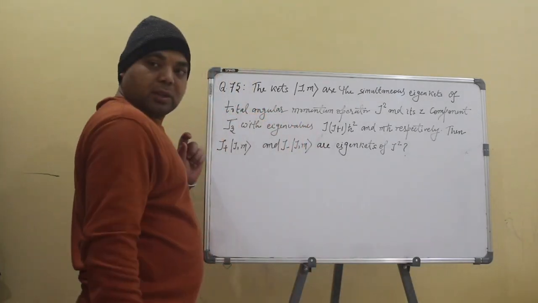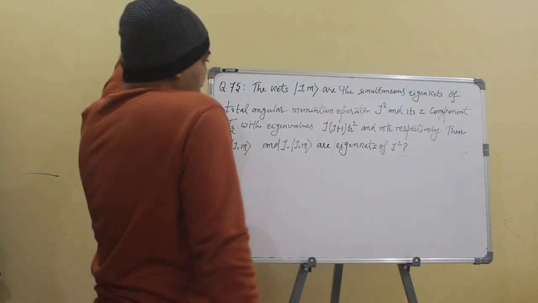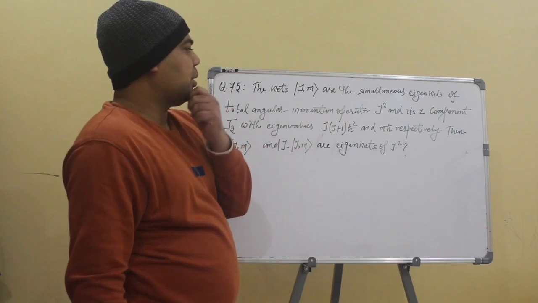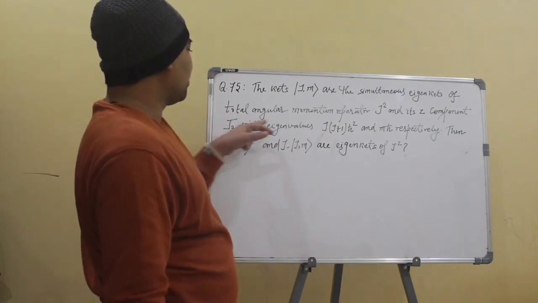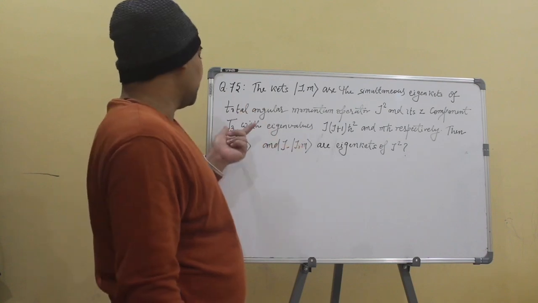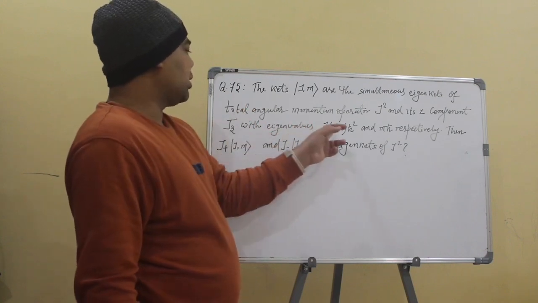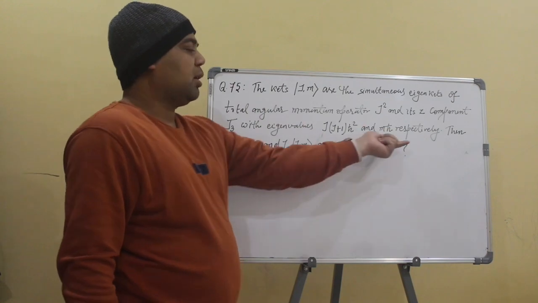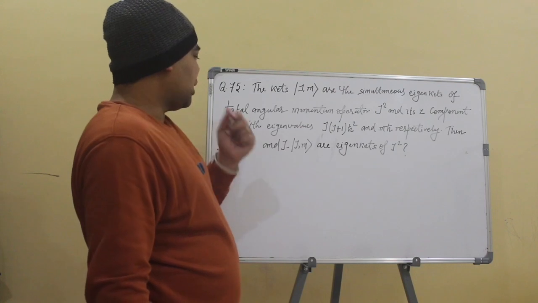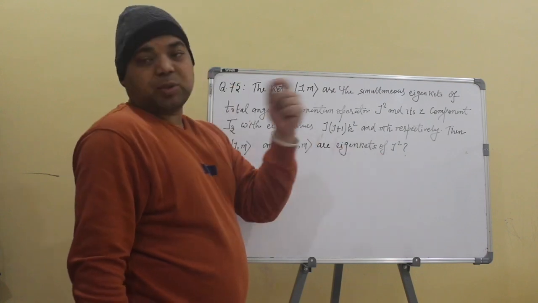Now let us take this important problem about angular momentum. It says that kets |j, m> are the simultaneous eigenkets of the total angular momentum operator J square and its z component Jz, with eigenvalues j(j+1)ħ² and mħ respectively. Then J plus and J minus are eigenkets of J square.